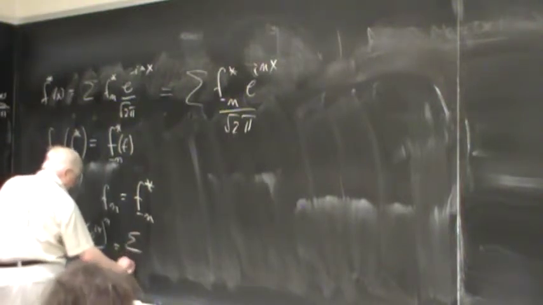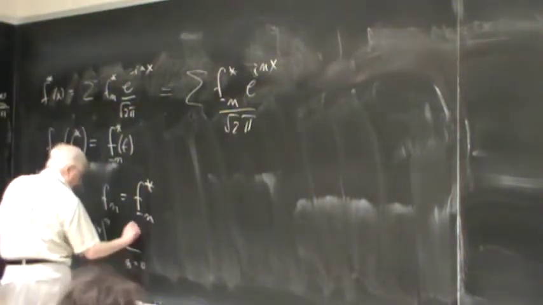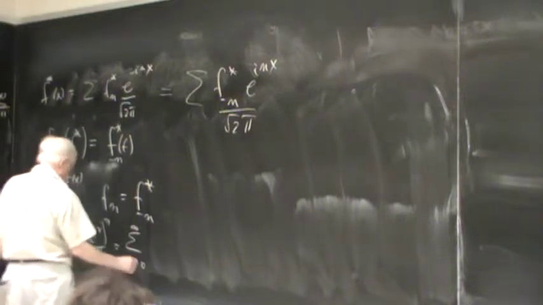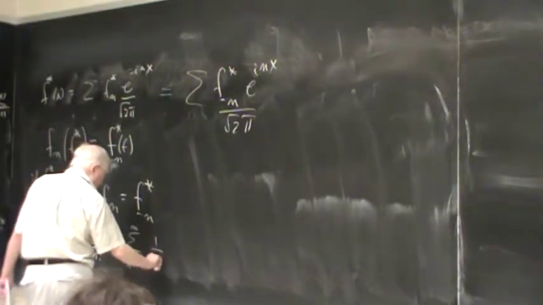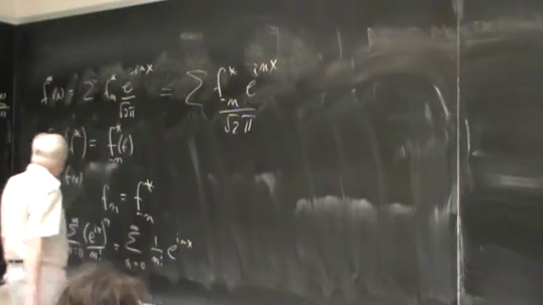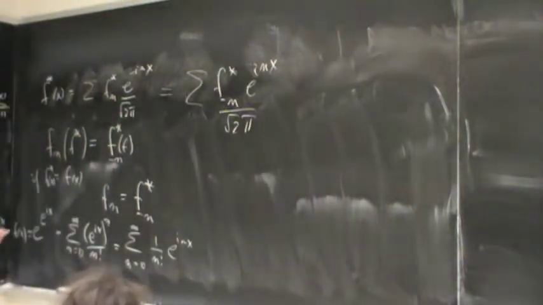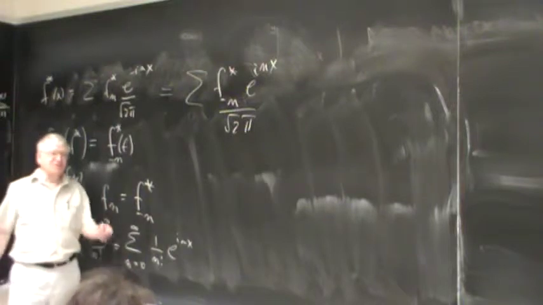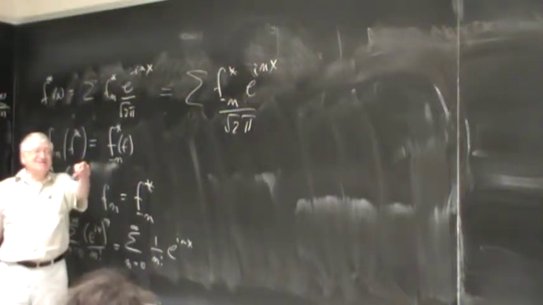So this is the sum, n equals 0 to infinity, of 1 over n factorial e to the i n x. So this is a strange Fourier series. It has no negative terms, so it's the thing that you were asking about.